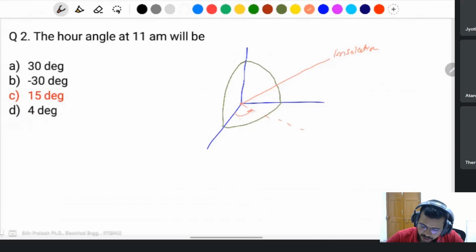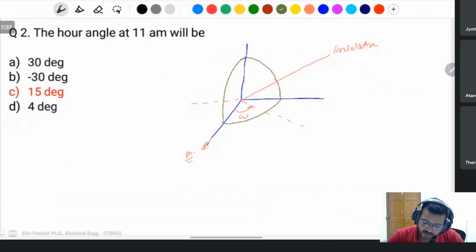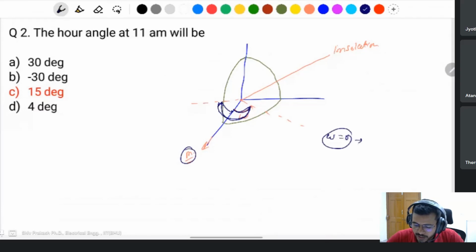This is the meridian axis. The hour angle varies from here to here, like that, and after that it will be here. At the meridian axis, the omega angle will be 0.